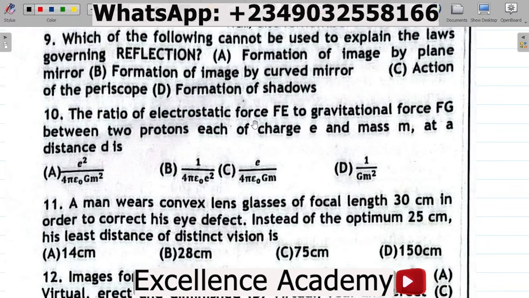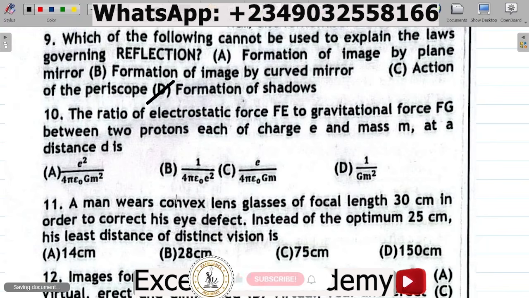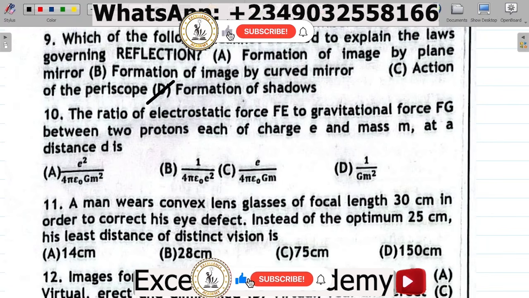So the answer becomes D. The formation of shadow cannot be used to explain the laws governing reflection, since light rays do not get to the surface due to an obstruction from an opaque object.